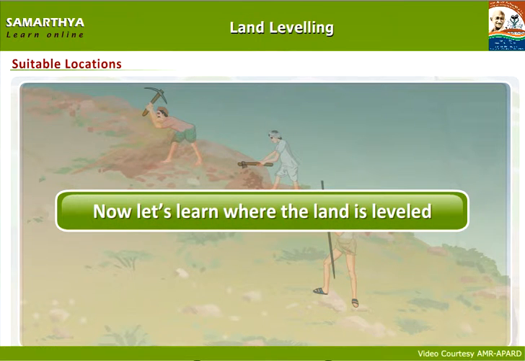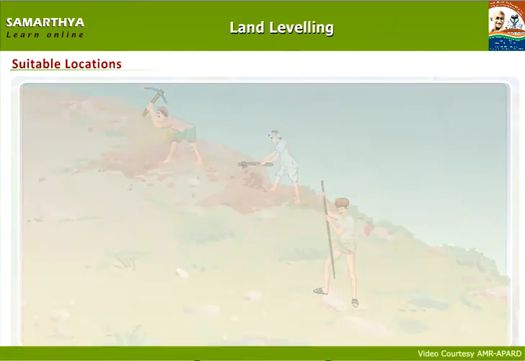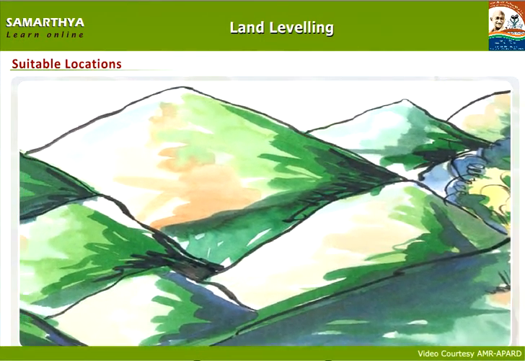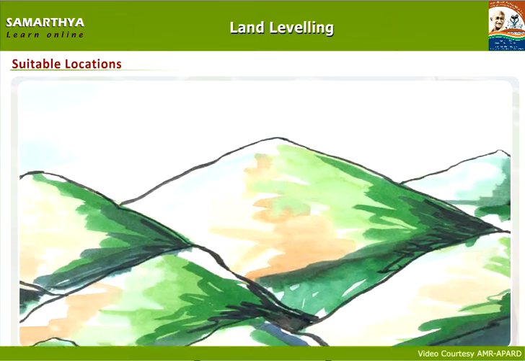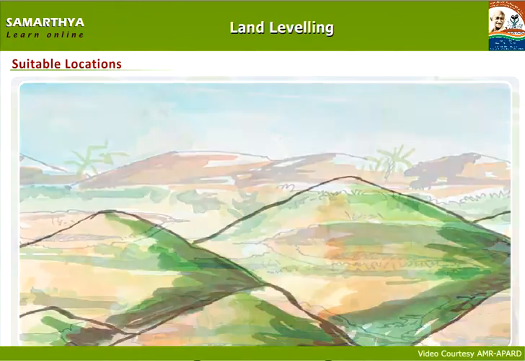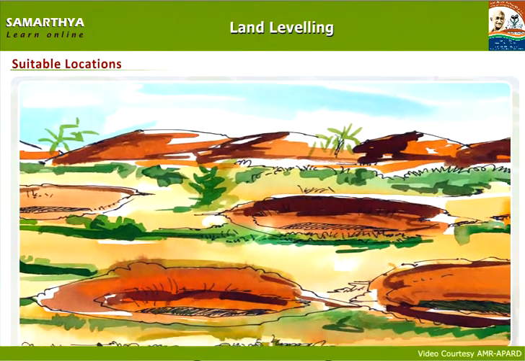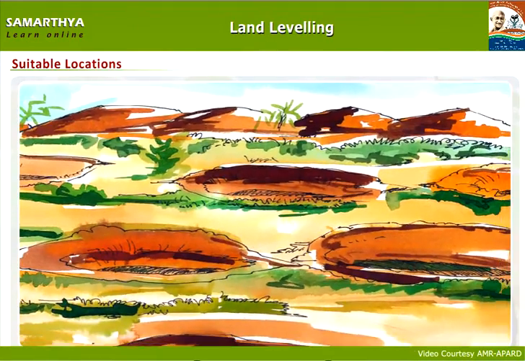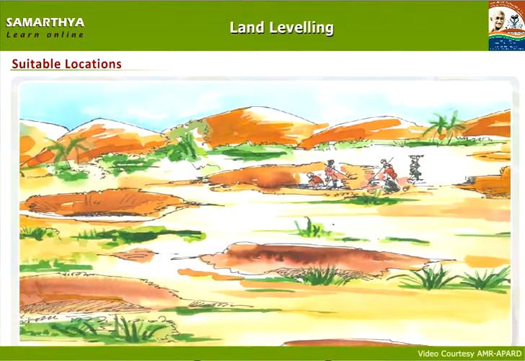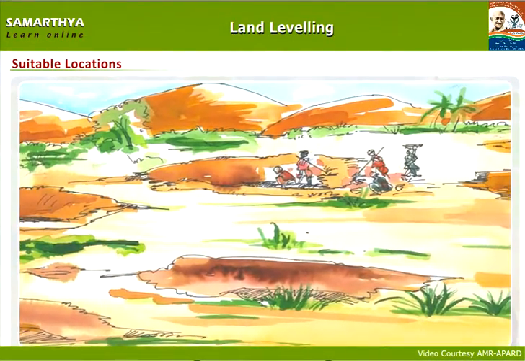Now let's learn about what types of lands must be leveled. Usually, in the hilly regions where the terrain is not flat and is with lot of uneven undulations, streams and gullies, it is difficult to cultivate.